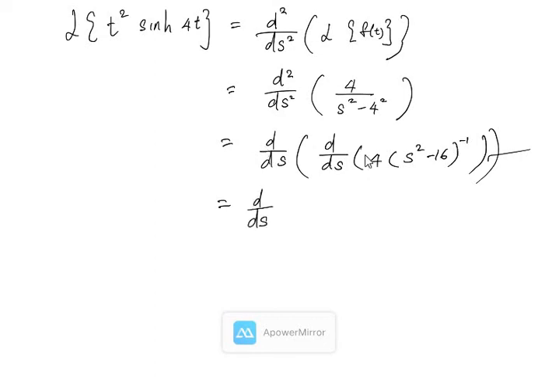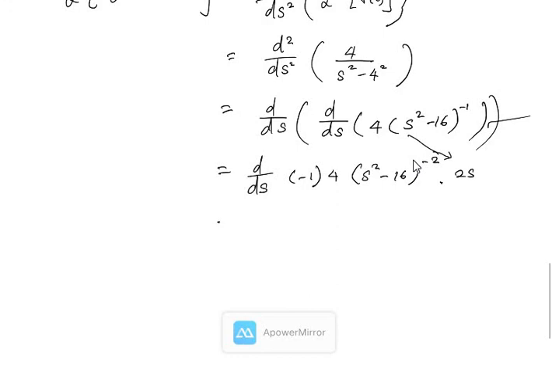I differentiate the inner part first. So I have the differentiation, minus 1, and then 4 times (s squared minus 16) to the power of negative 2. Then you multiply with 2s. That 2s is from here. Okay, so now I have d over ds and get negative 8s over (s squared minus 16) squared.